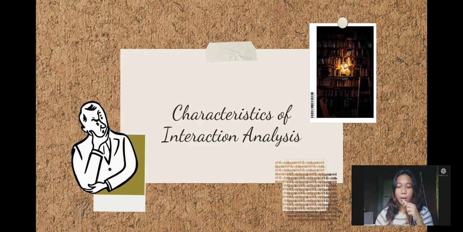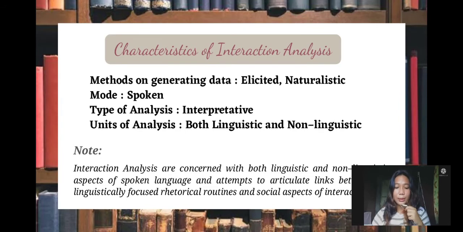So let's move on to the characteristics of interaction analysis. So as you can see, nandito yung mga characteristics of IA. It is written in here that the methods on generating the data are elicited and naturalistic.